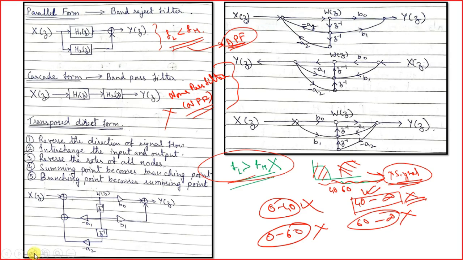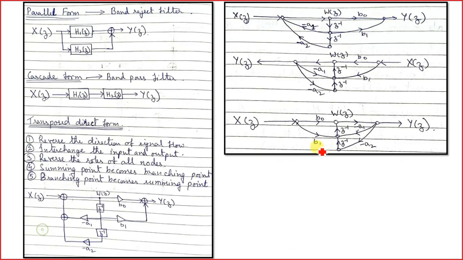Say for example, if you have a low pass filter component, okay, now you want to get high pass components, not filter. You get from this low pass filtered output, you want to get high pass components. How will you get?